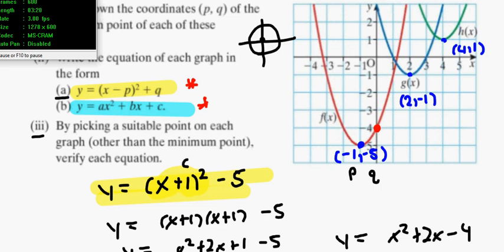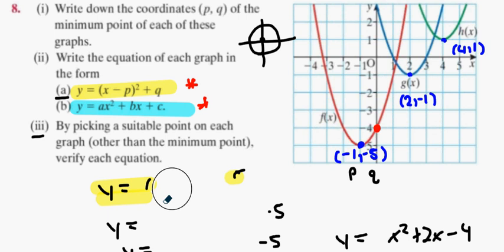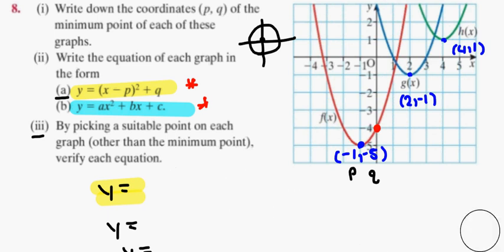I'm doing myself now. Alrighty, so it's a bit of a giveaway because it tells you what P and Q are. So we know that P is 2 and Q is -1. So for this equation, it's going to be x minus 2 squared.